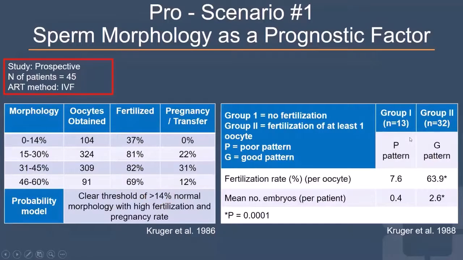In a subsequent study, he further analyzed the group that had a lower fertilization rate, less than 14%, and found two groups: those between 5% and 14%, which had a fertilization rate close to what was observed in patients with morphology rates higher than 14%, and those with morphology rates less than 5%, which had poor fertilization rates. This was then called a P pattern for poor morphology pattern and G pattern for good morphology pattern.